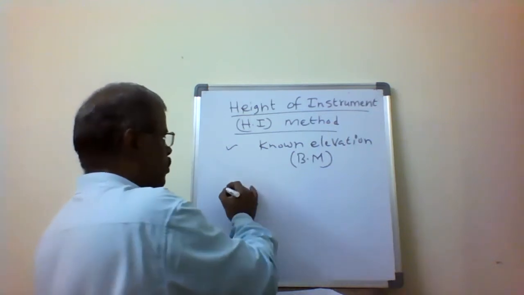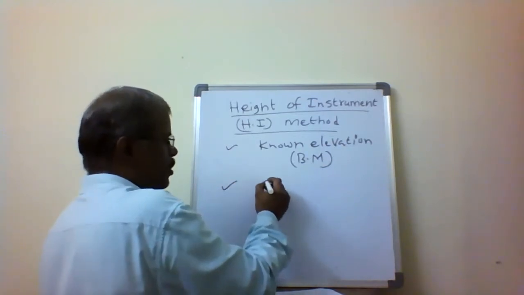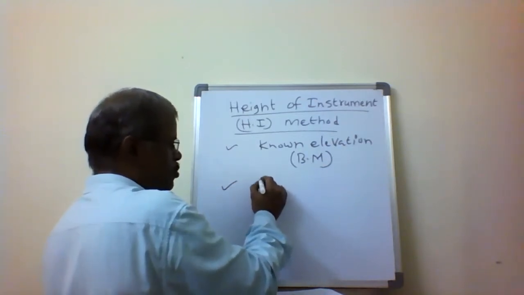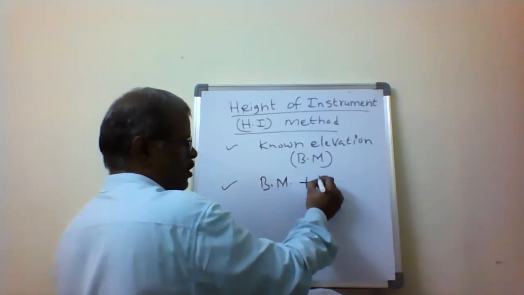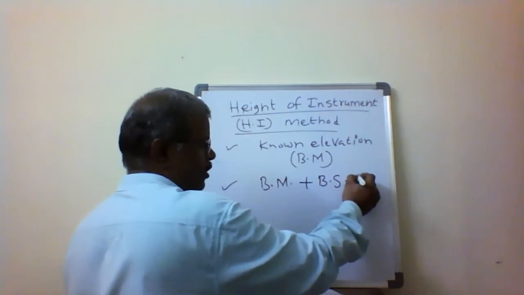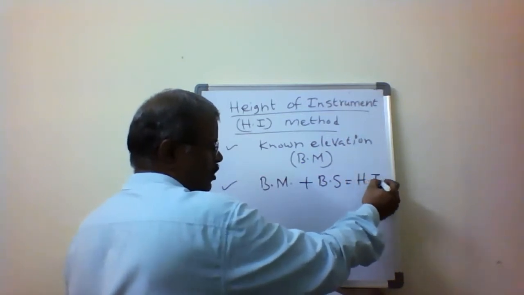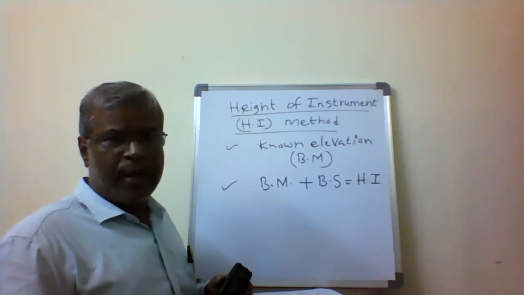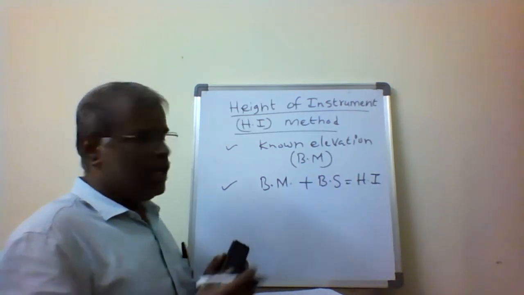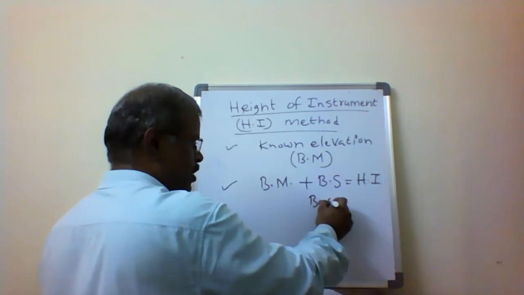From the benchmark, the first reading we take is the backsight reading. Benchmark plus backsight reading gives the height of the instrument. The benchmark is a known elevation, and to it we add the backsight reading. BS stands for backsight reading.